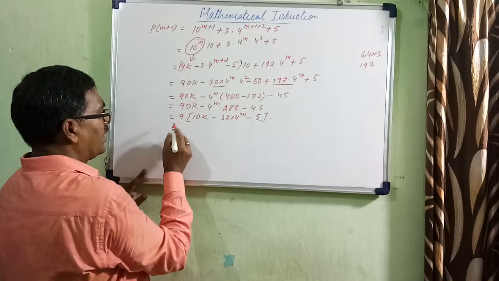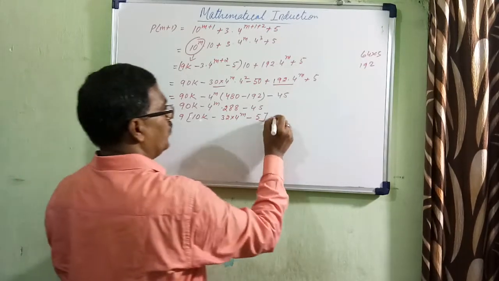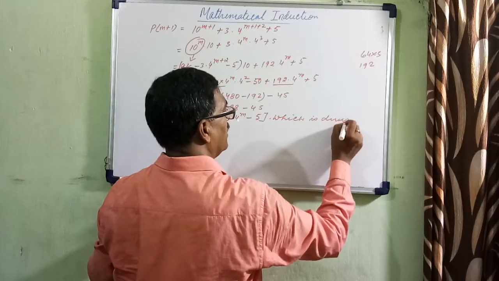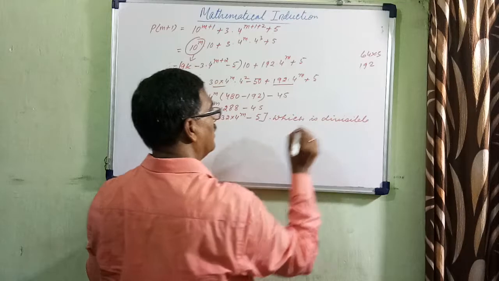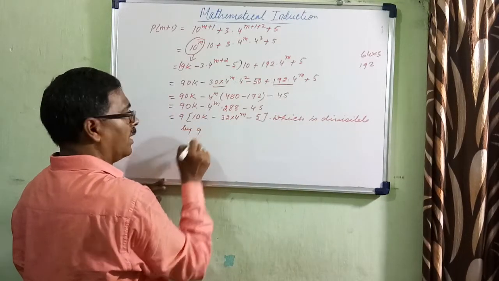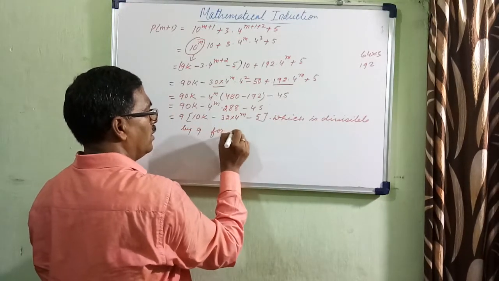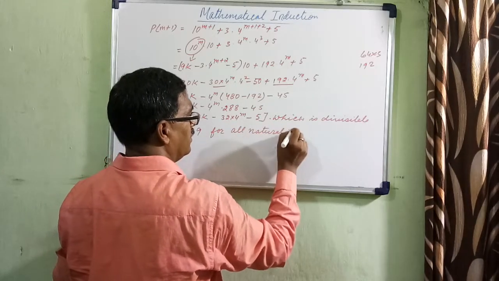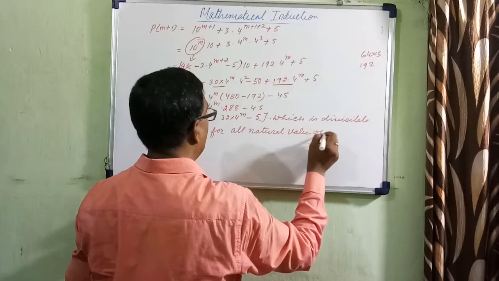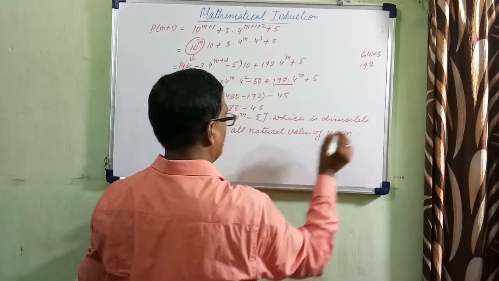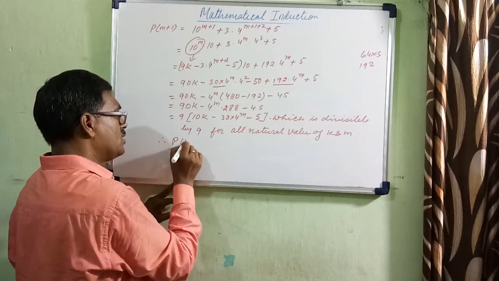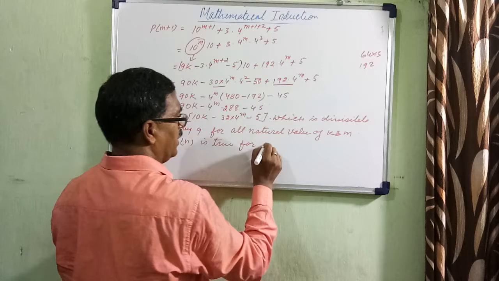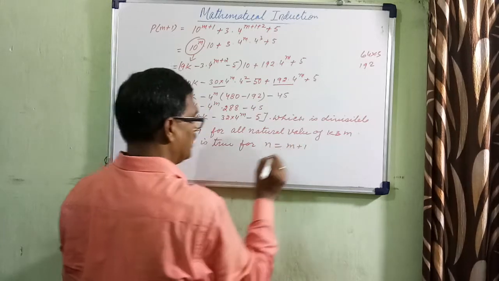So therefore we can say that it is divisible by 9 for all natural values of k and m. Therefore Pn is true for n is equal to m plus 1.